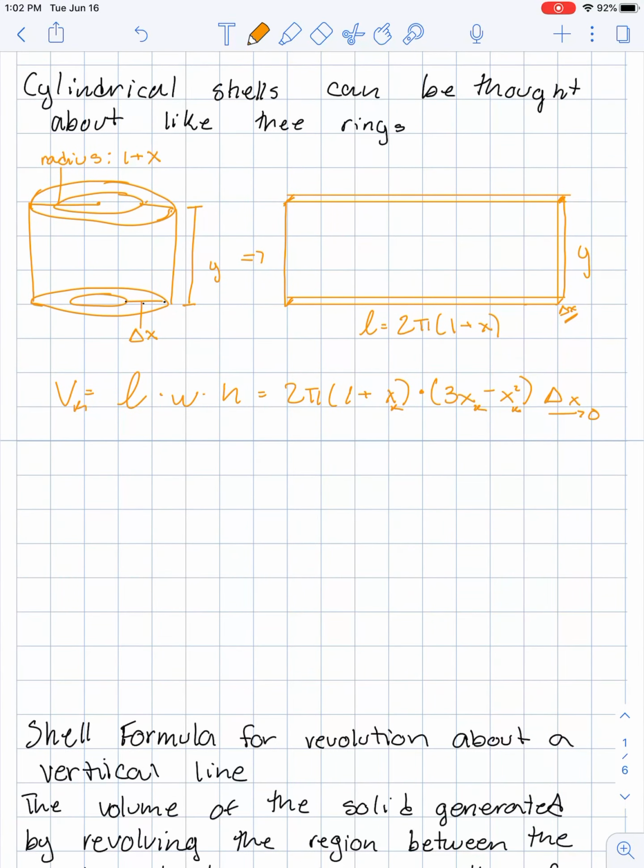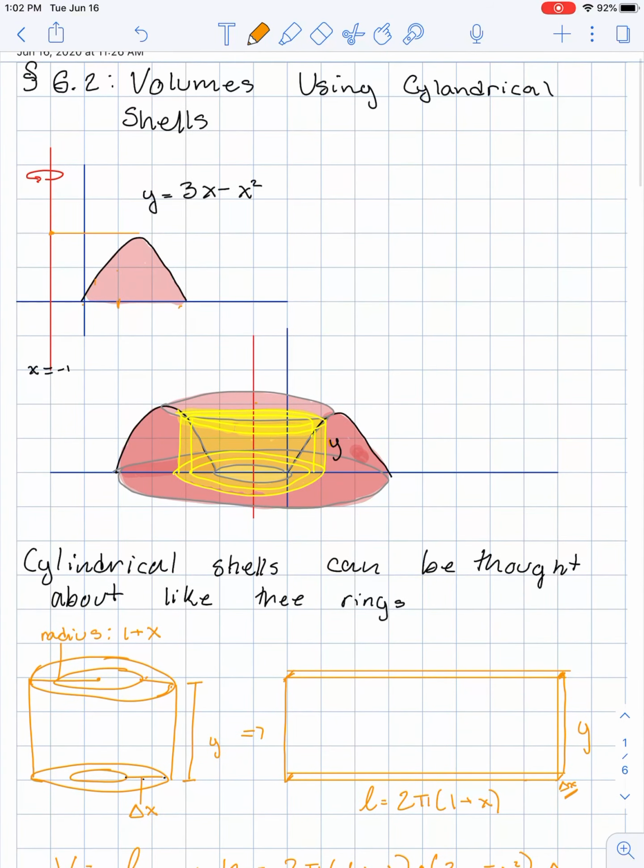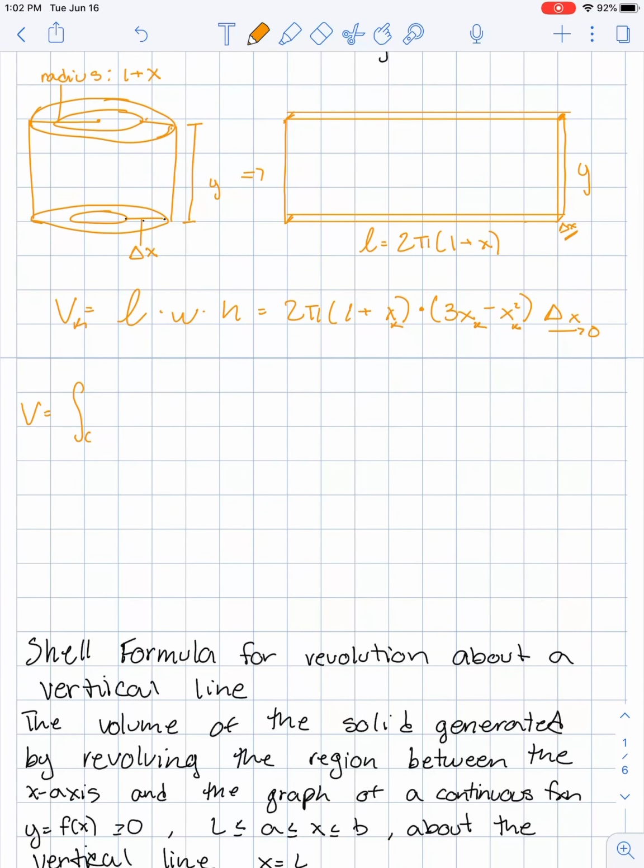So if I add all of these up together like I would a Riemann sum, I get the volume is going to equal this integral from 0 to 3 of 2 pi times (1 plus x) times (3x minus x squared).